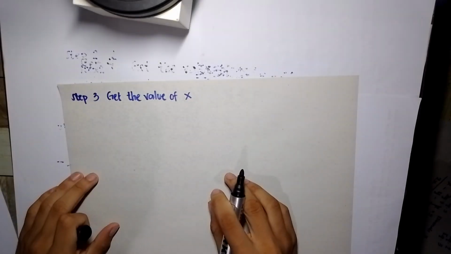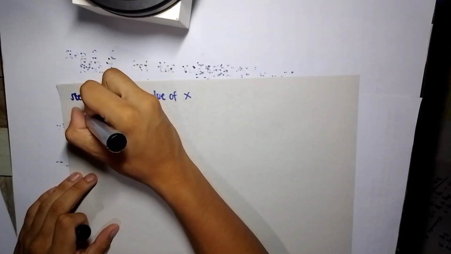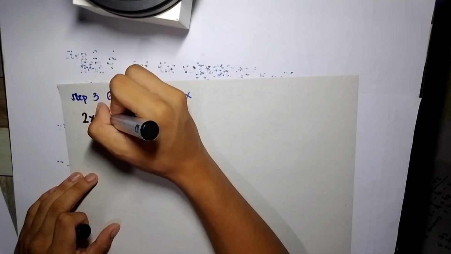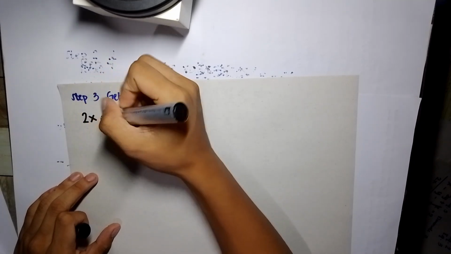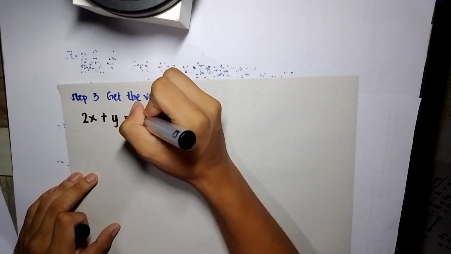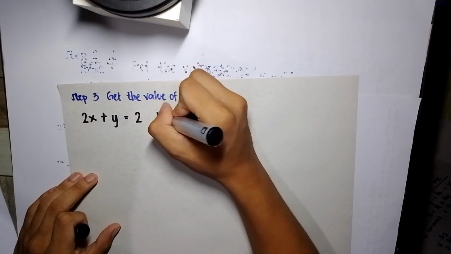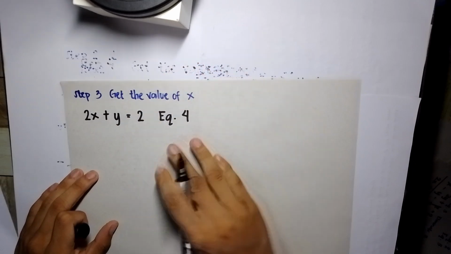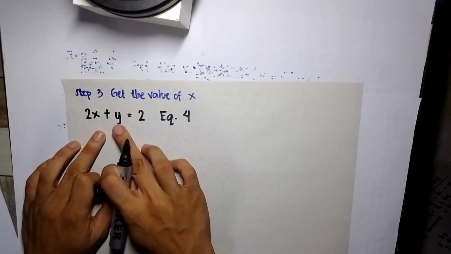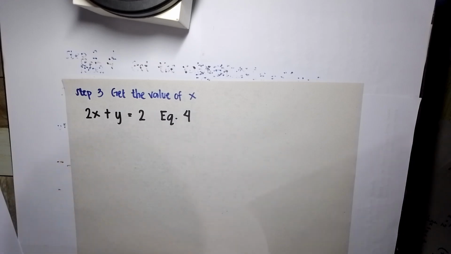Step 3 is to get the value of x. Since we now have a value of y, which is 1, to get the value of x, we are going to use equation 4. Remember that the value of our y is 1.